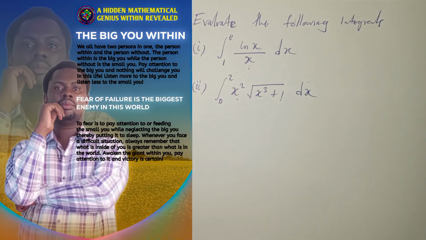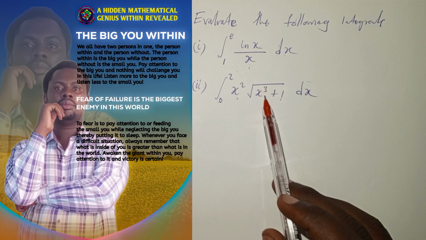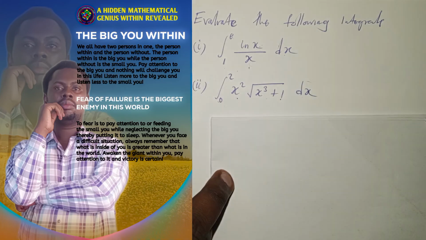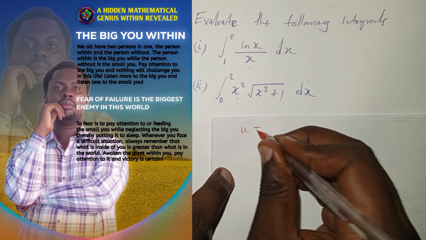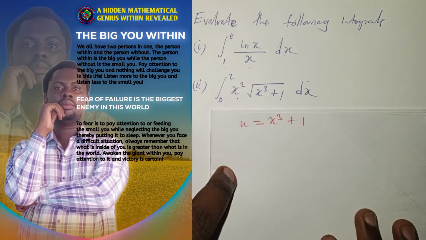Okay, so we are doing u substitution. Here we are going to let this expression in the square root, x cubed plus 1, be u. So say u is equal to x cubed plus 1.